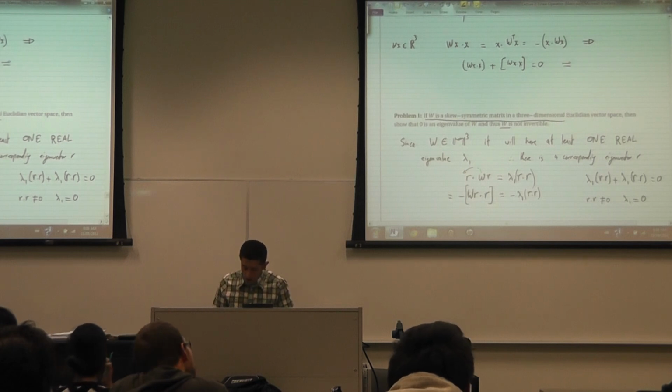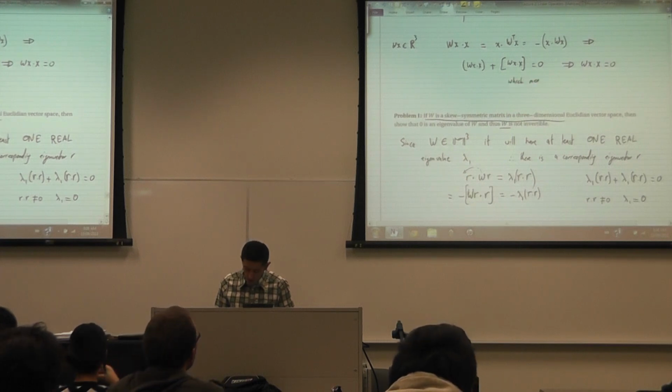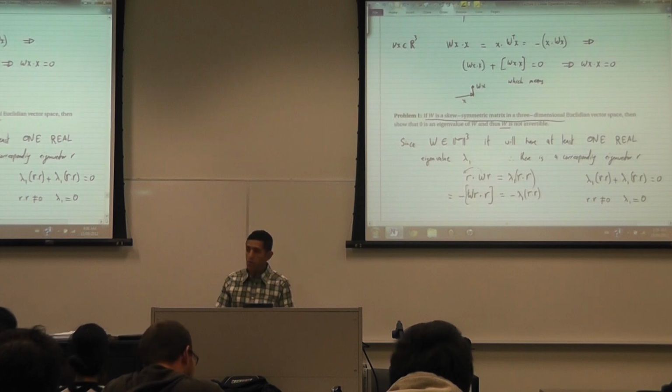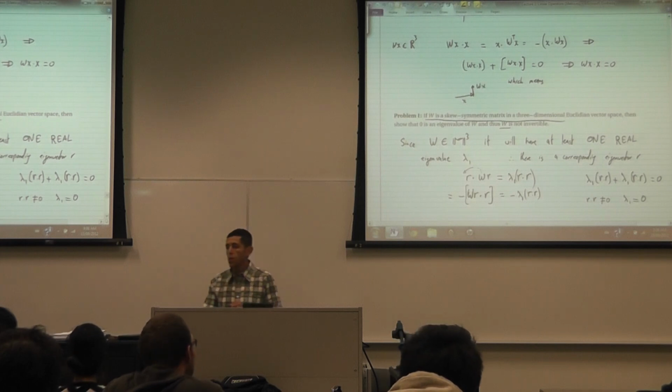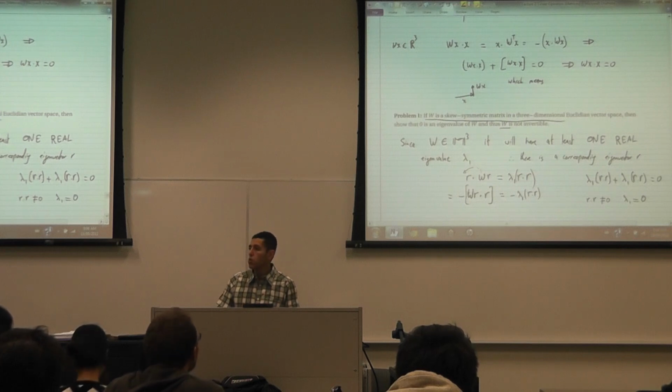From here, Wx dot x has to be equal to 0, which means x and Wx are always orthogonal. Whenever I have x and multiply by W, I get a vector that's perpendicular to x.